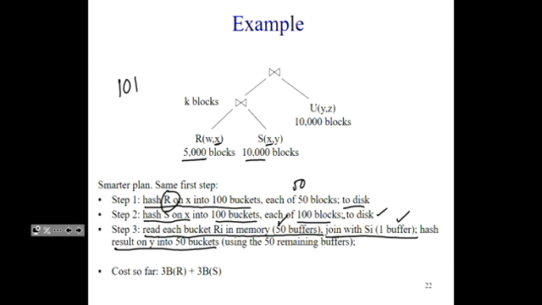Is that clear? The first two steps should remind you of partition hash join. All I'm doing is breaking it up into buckets. Nothing surprising in those two steps. The next step is the interesting one.